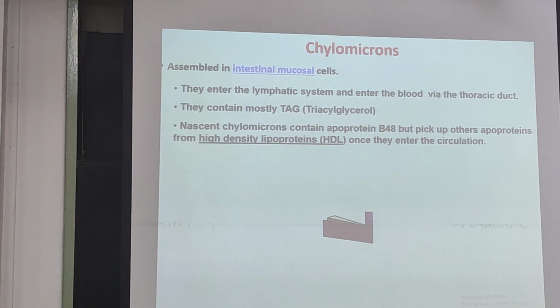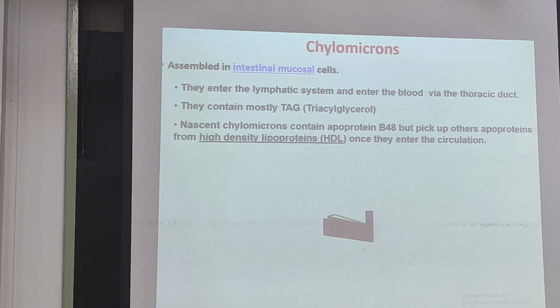Nascent chylomicron contains ApoB48, but doesn't have C2 and E. As I mentioned before, we need apoprotein for the activity of lipoprotein lipase, whose action is digestion of lipoprotein in blood circulation.